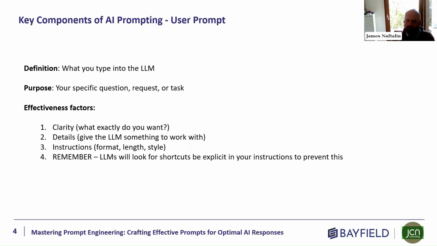Just to also go on to point 4, I find that large language models are naturally lazy. I think that they're programmed to use as few tokens as possible. So the more explicit you are, the less opportunity they have to take shortcuts and give you a less satisfactory response.